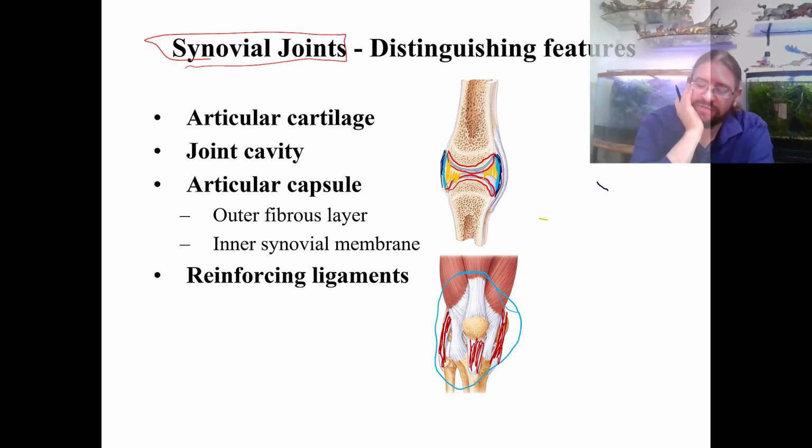Tendons are by their very nature mobile because they are pulled on by muscle. So tendons experience changes in tensile strength. So they move. So in order to have a tendon move against a joint, you're going to need something to cushion it and reduce friction.